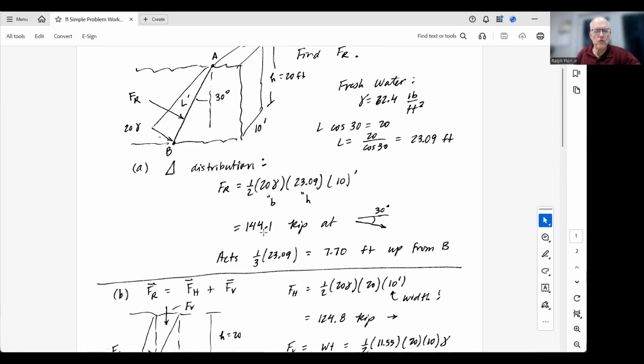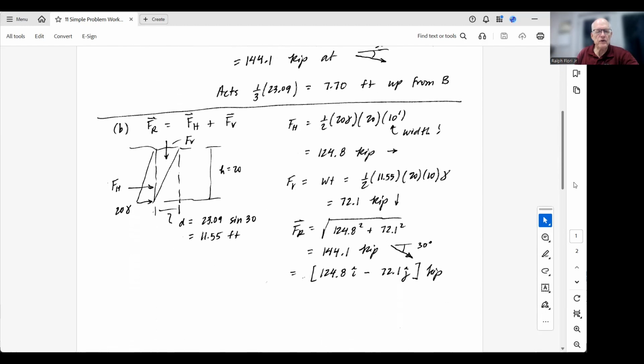And we get FR as 144.1 kip, or 144.1 thousand pounds. And again, it's perpendicular to the wall, which is 30 degrees from horizontal. And it acts a third of the way up from B. So 1/3 of 23.1 is 7.7 feet up from B, is where FR acts.